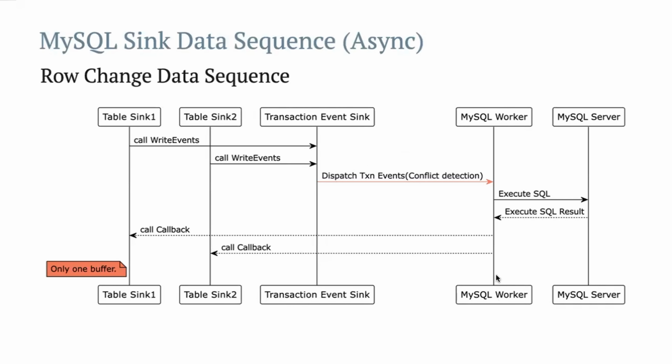And actually, in the previous section, we checked out this diagram. You may notice the MySQL sync actually involves a conflict detection process. Now let's see why we need this conflict detection.